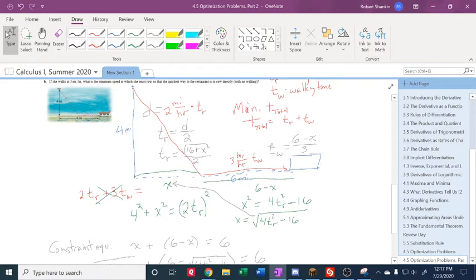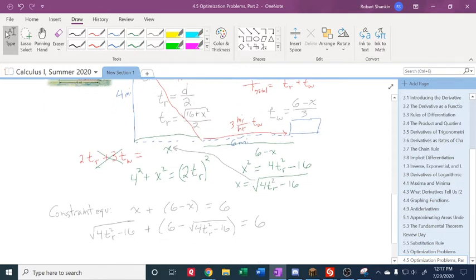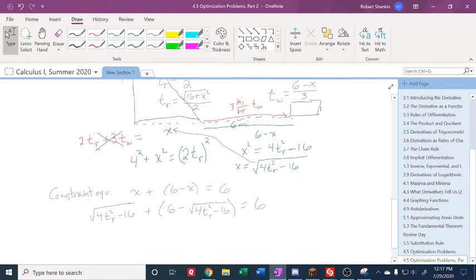And now we have the total time being the sum of these two times. So the total time equals this time plus this time.